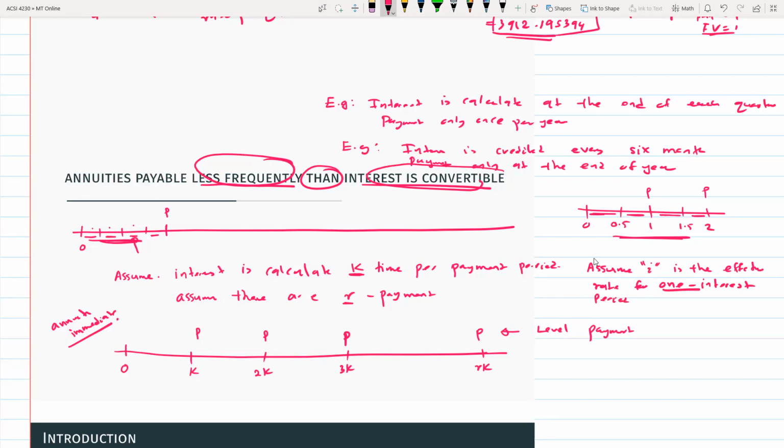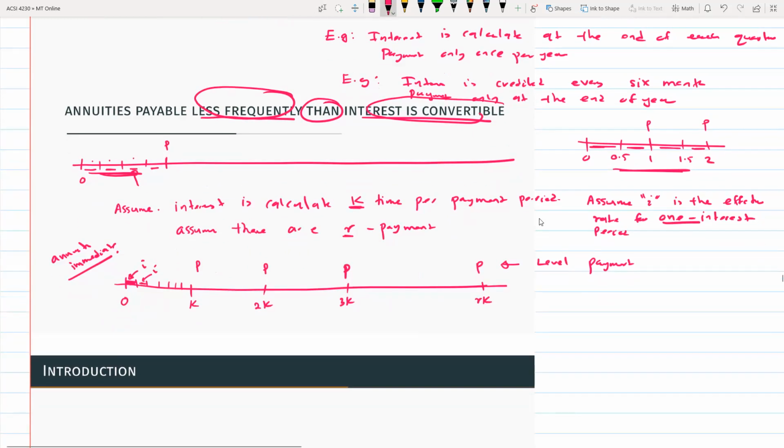So K means, in the timeline, there are K interest periods. You are dividing this timeline into K periods, and in each of these small ones, the rate is i. The next one, the effective rate is i, and so forth.